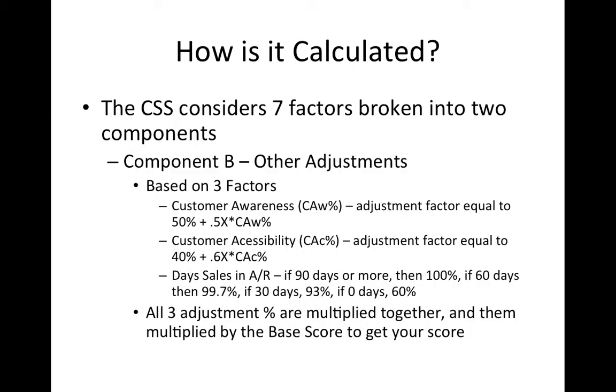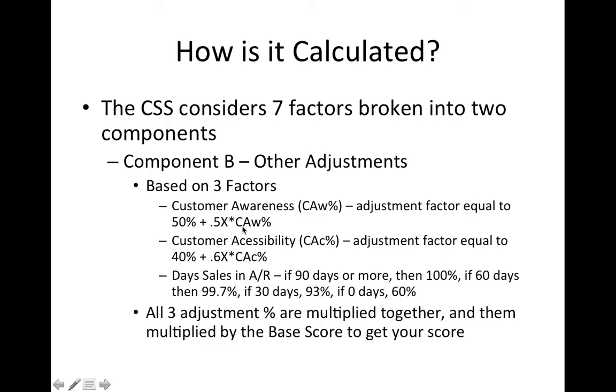What about the other component? The other component is based on customer awareness, customer accessibility, and days in accounts receivable. And that one, I've been able to sort of reverse engineer, and so I've given you formulas here. If I have a customer awareness score of, say, 80, then the adjustment factor is equal to 50% plus half of 80.